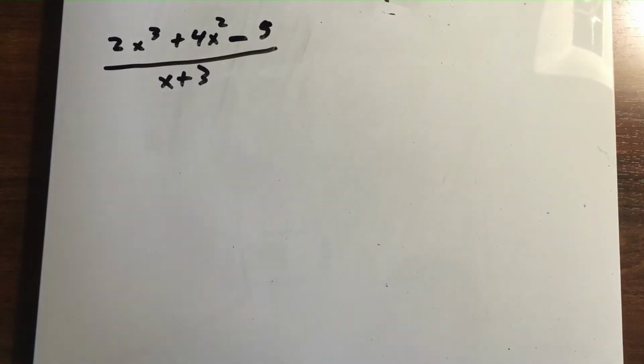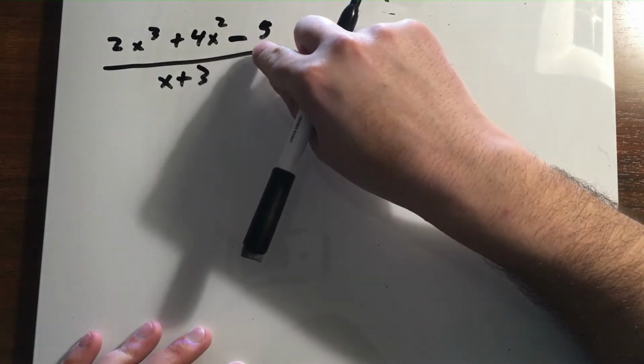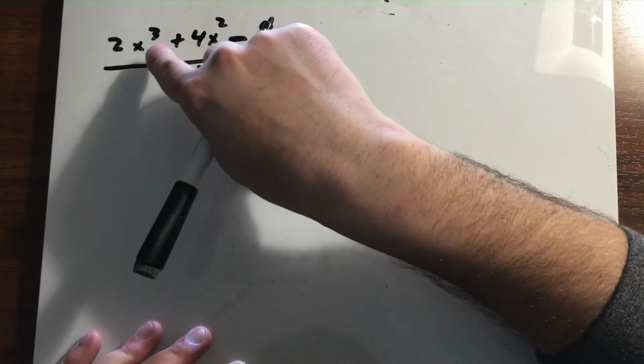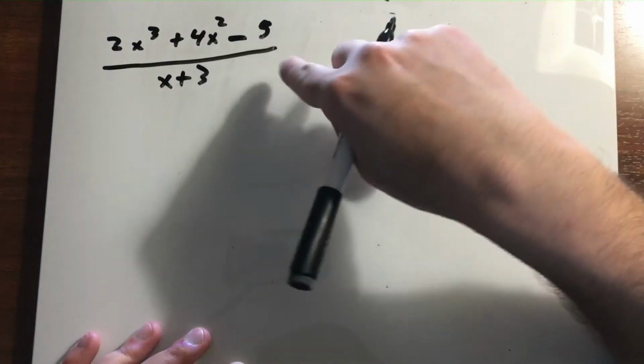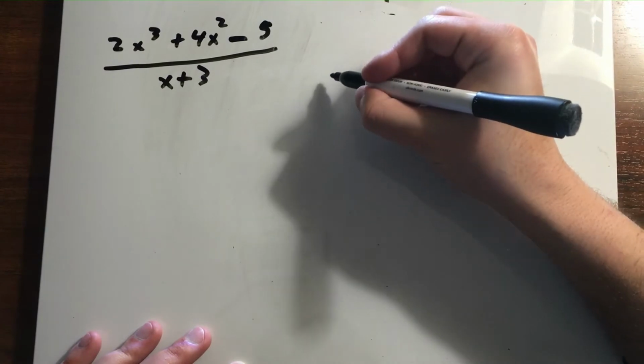So in our second problem here, we want to write it out the same way that we did the last one. But there is a problem because we're missing a term here. We're missing an x. We have an x cubed, x squared, and then no x, and then 5. So this is how we're going to have to write this out.